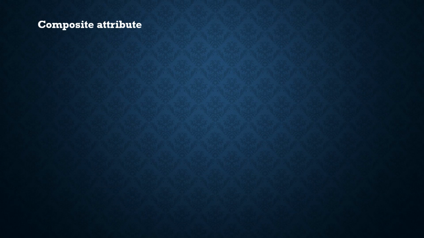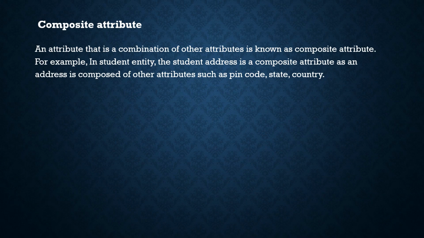Next, the second one is composite attribute. So what do you mean by composite attribute? An attribute that is a combination of other attributes is known as a composite attribute.